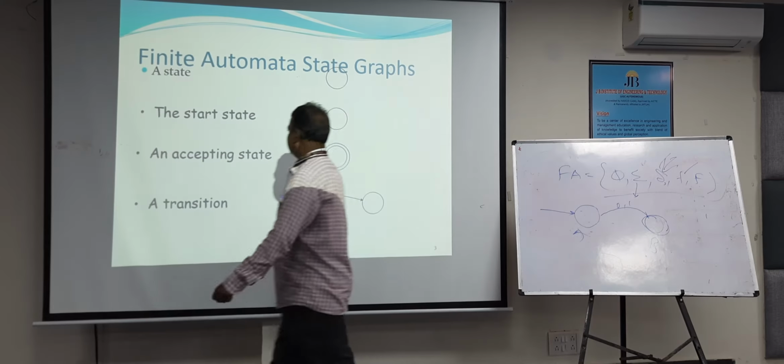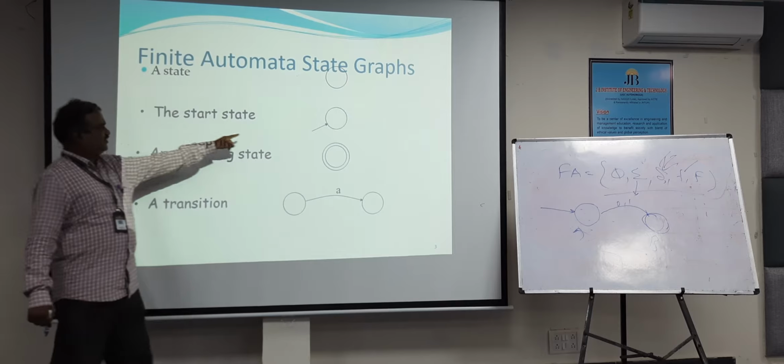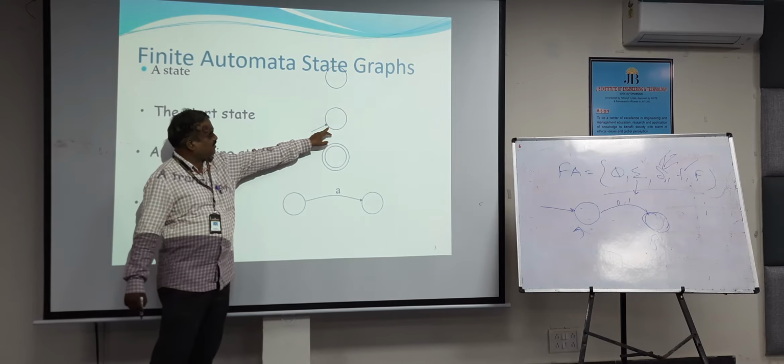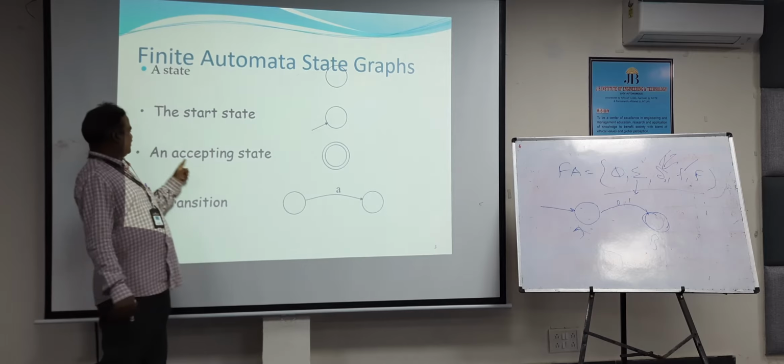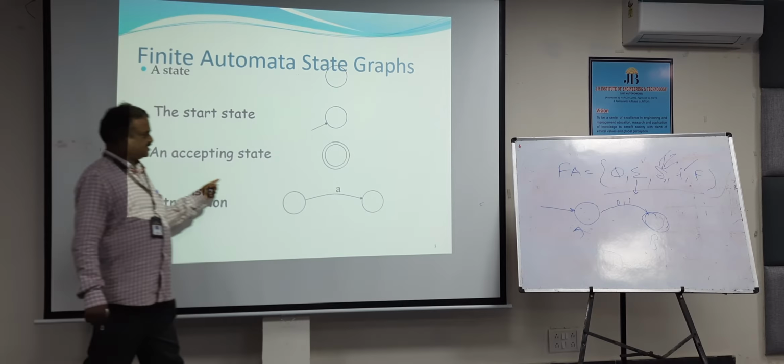Then a transition state is generally denoted by a circle with some arrow, and the final or accepting state with a double circle.